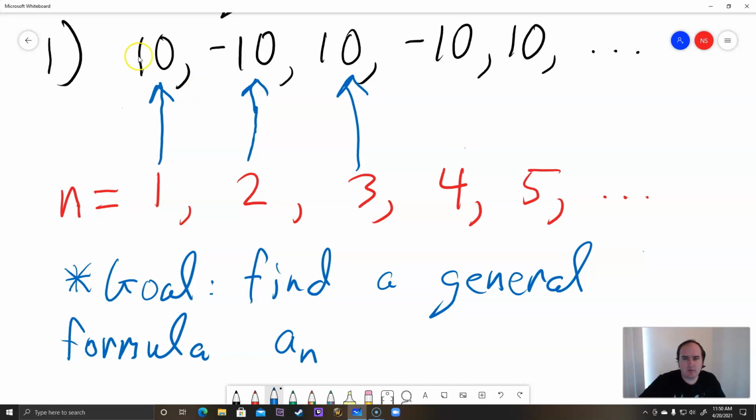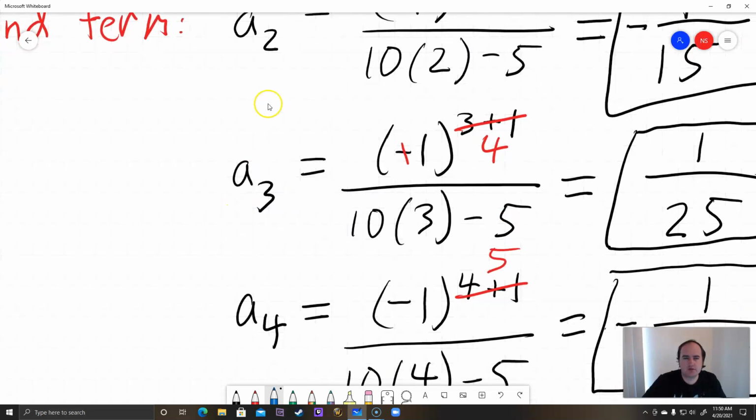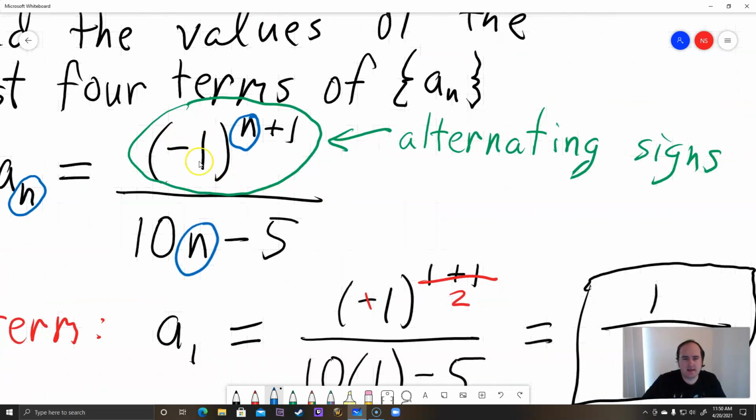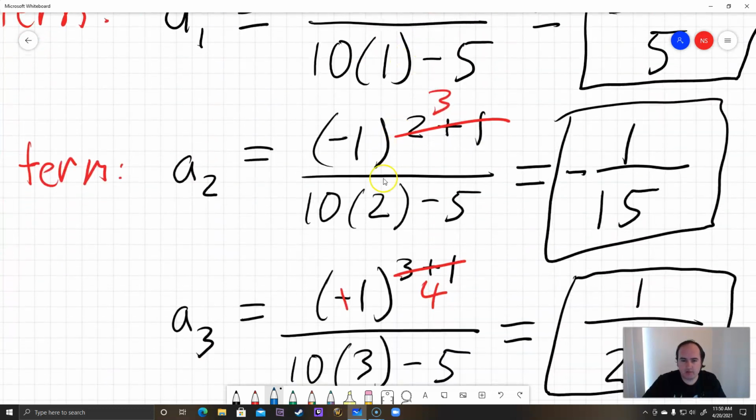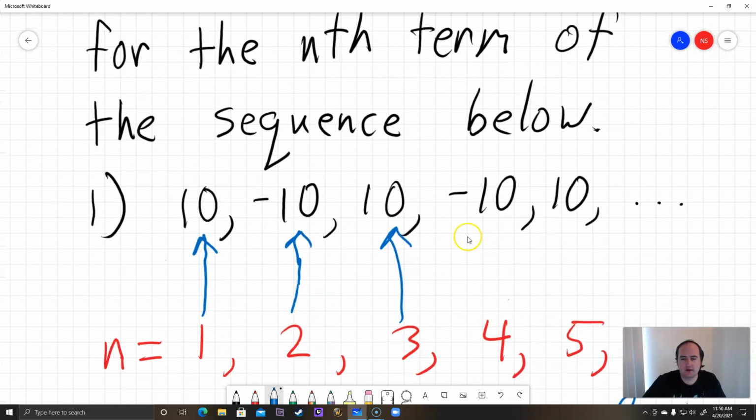One thing that you might want to notice is that each term here is alternating in signs. Like I said up above, to alternate in signs, you're going to end up having negative 1 raised to a power. So maybe we should have that as part of our formula. Let's see what we can do there.